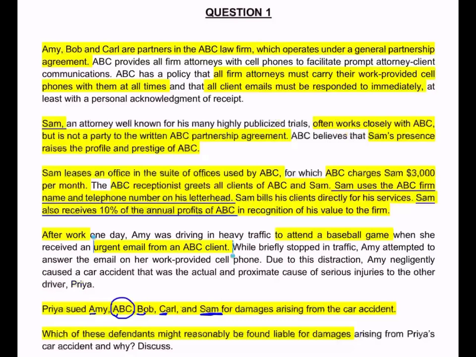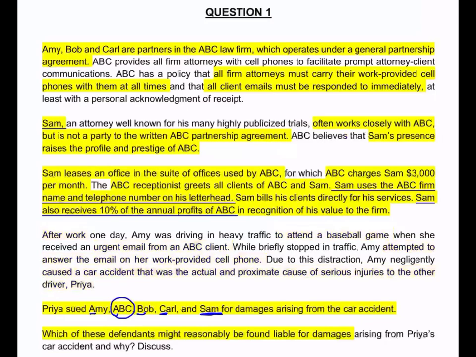So now what happens? While briefly stopped in traffic, Amy attempted to answer the email on her work-provided cell phone. Now, these facts go to whether Amy's actions were within the scope of the partnership business. In other words, is the partnership going to be liable for what happens?